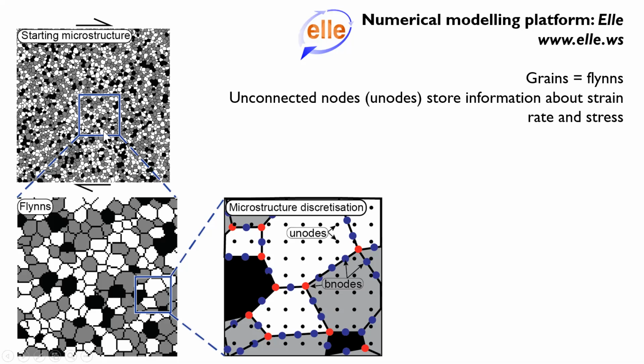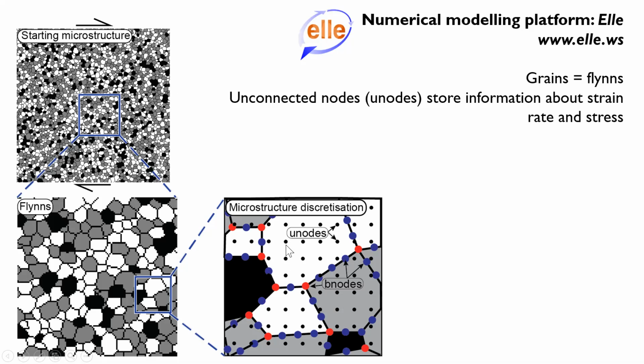So in L, these grains are known as flins, and flins are defined by boundary nodes that are connected with straight lines that form these polygonal shapes that define flins, which are grains. So you can see those boundary nodes there.